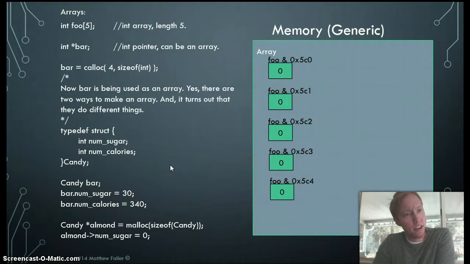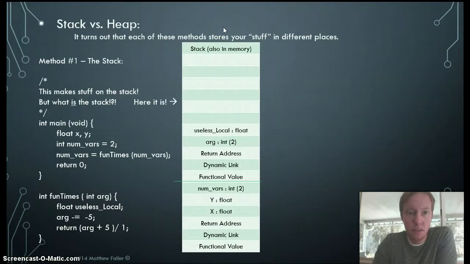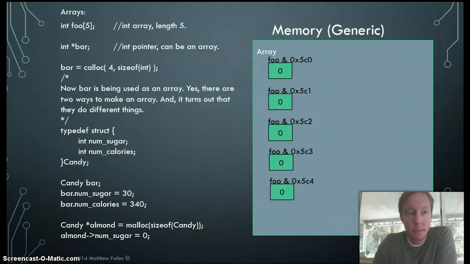So this is kind of odd that we have these 2 different ways of creating things in C. And it turns out that the reason this is useful is that there's 2 different memory structures. There's the stack and there's the heap. So both of these declarations end up declaring and storing your stuff in C in 2 different locations.